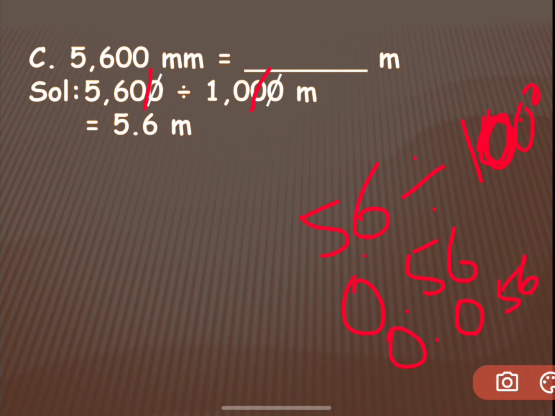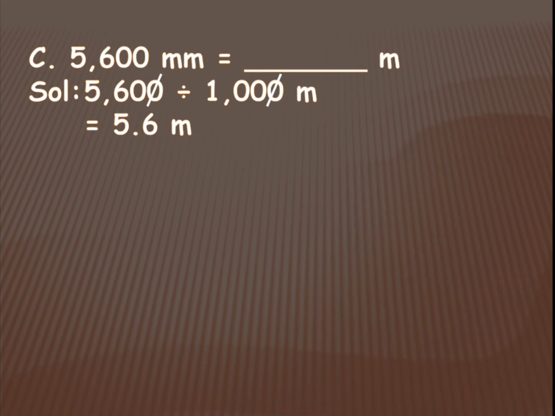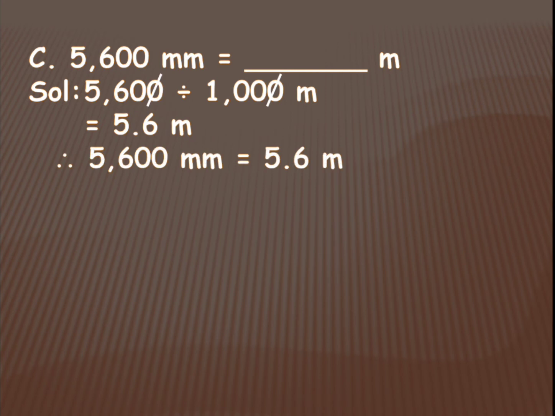We have learned this in decimals, isn't it, children? So here 56 divided by 10 means you will get 5.6. So 5,600 millimeters will be equal to 5.6 meters. Okay, children.